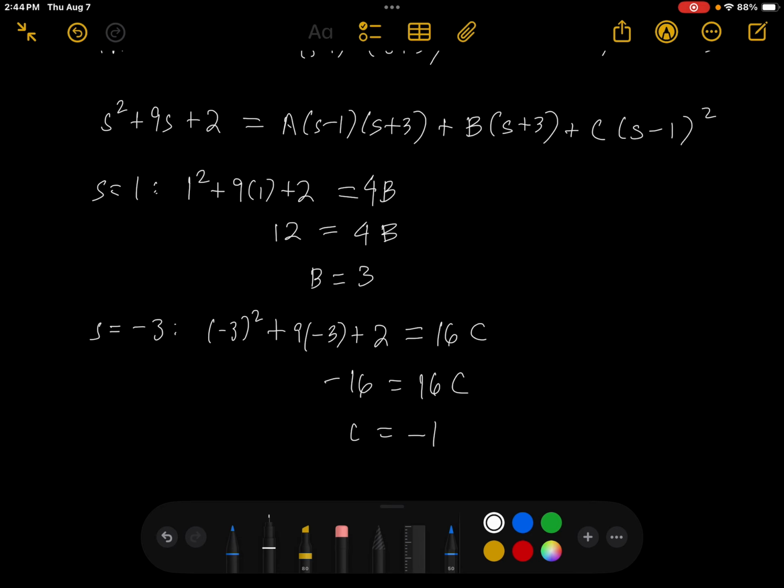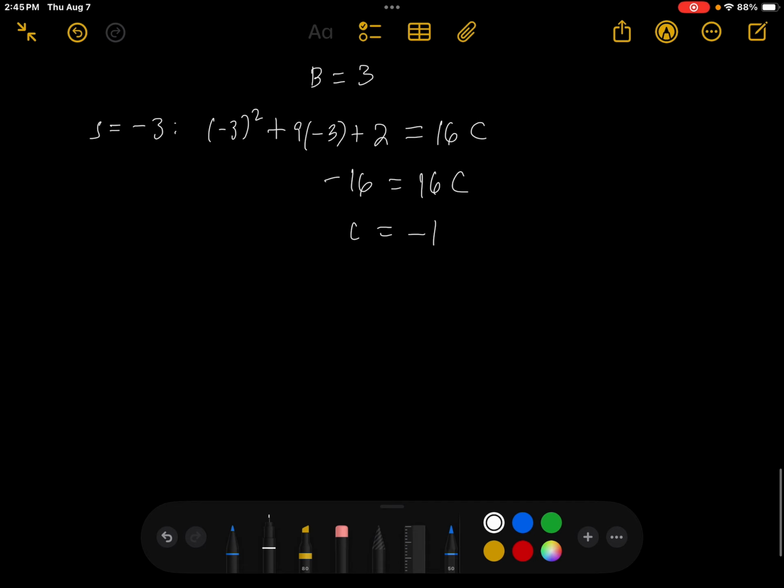One way to do it is, since we already know what b and c are, we can find one equation. So we can set one of the coefficients equal to each other instead of all three of the coefficients equal to each other. So there are two ways to find a.